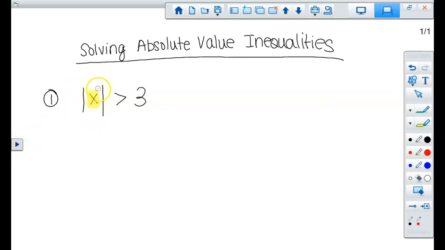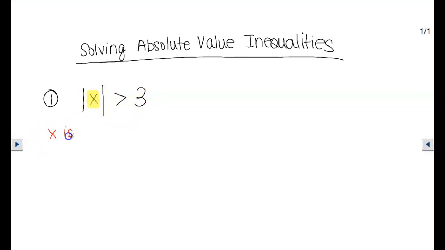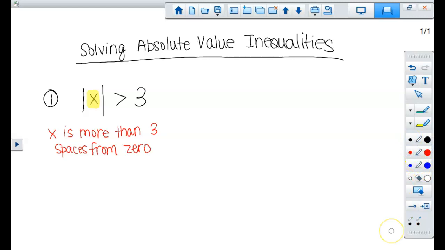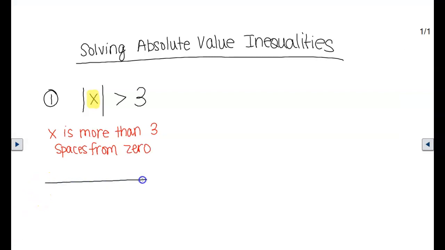So when it says that the absolute value of x is greater than 3, what that means is x is more than 3 spaces from 0. It's trying to tell me that x is more than 3 spaces away from 0. So when I go looking for x, I need to be looking more than 3 spaces away from 0.